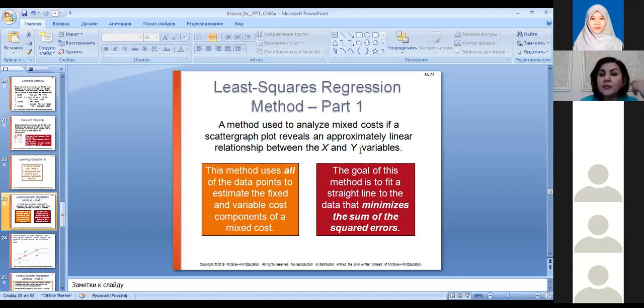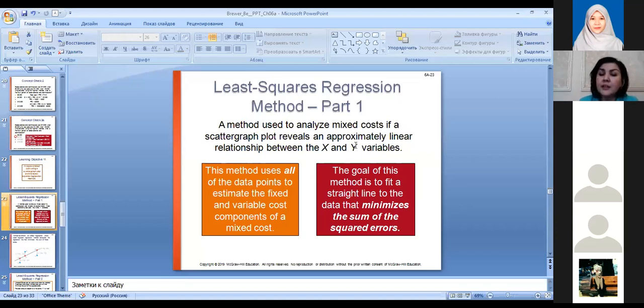So what does it mean? Dependent. If x increases, then y also increases. So it means that y depends on the x. If x decreases, y also decreases. If x increases, y also increases.